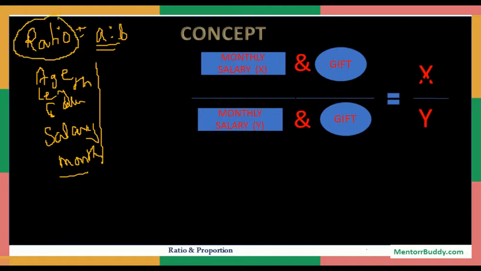So now coming to the logic of the question, it says the monthly salary. Let's say the man had worked for X months. So for 1 month the salary is, let's say, K rupees. Then for X months the salary generated will be X into K, plus he is also getting a gift.